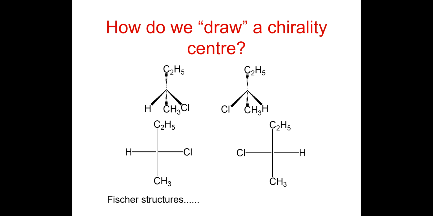We also can use Fisher projection to show the chiral center or a chiral molecule. Now, how does Fisher projection work? The chiral carbon is actually the intersection of the vertical and horizontal lines. So here is the stereogenic center or chiral center, the carbon which is linked with 4 different groups. Okay, so at the intersection.